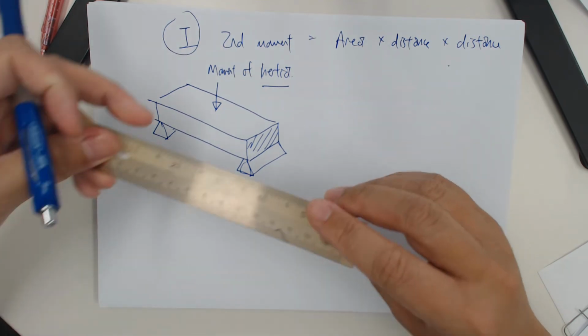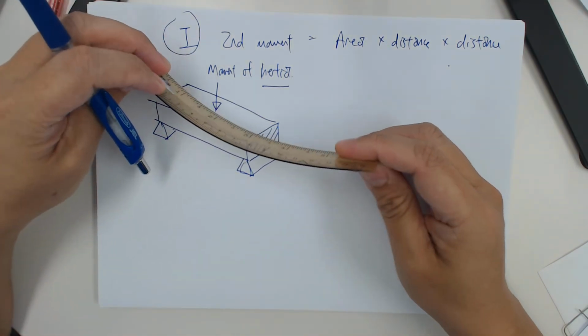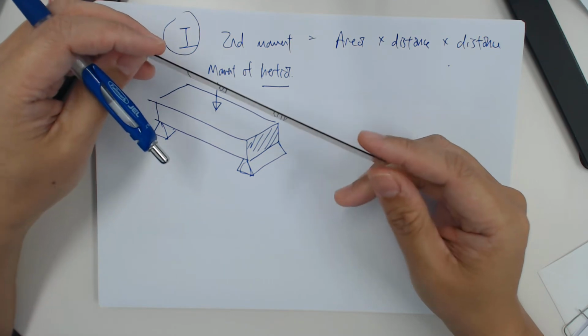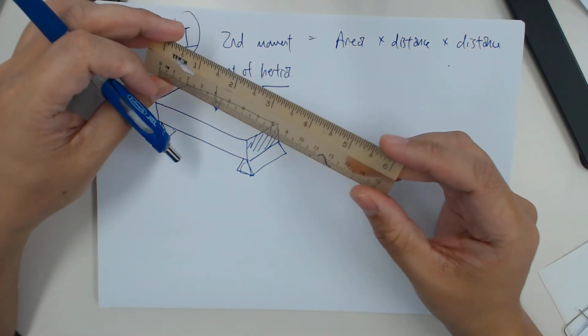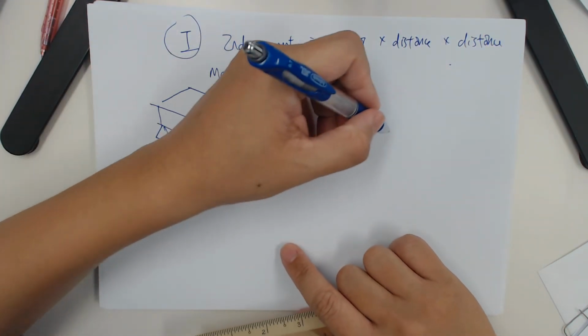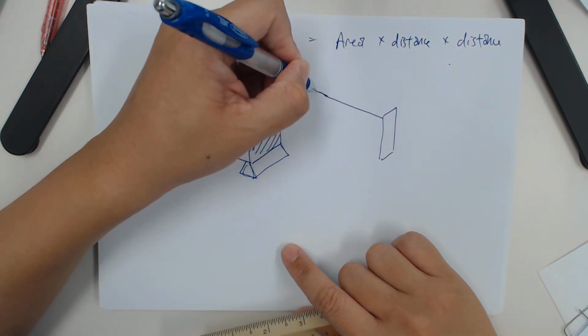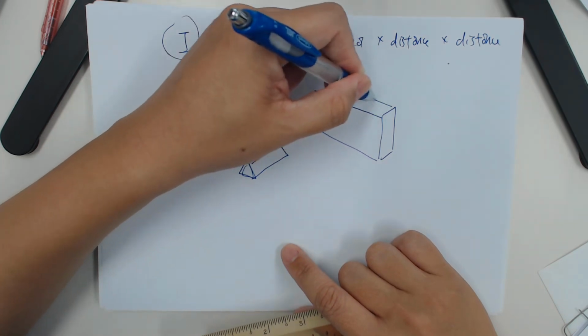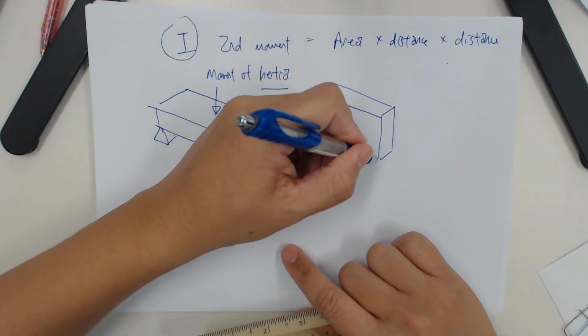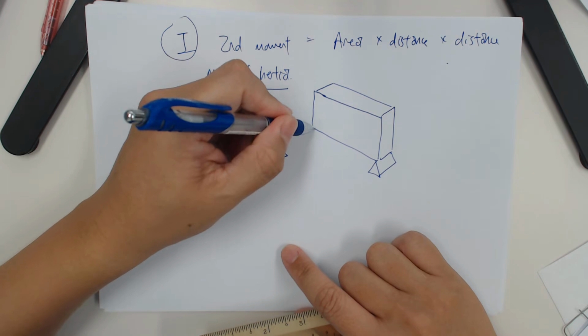Now instead of bending this beam like this, you are going to turn this beam 90 degrees and place it on the same support. It will basically be like this, and my support now is this way.